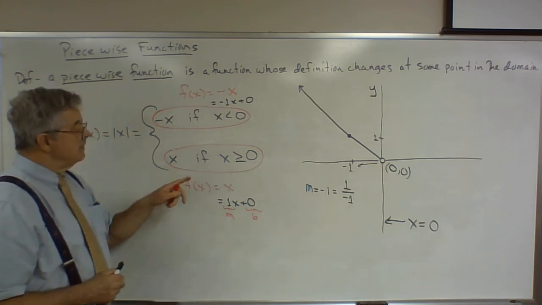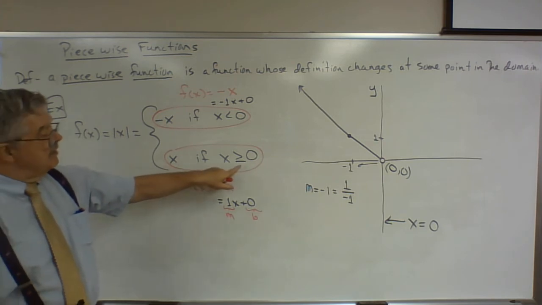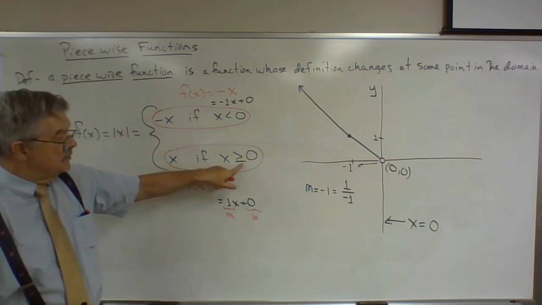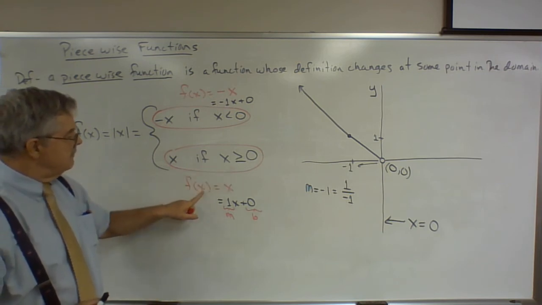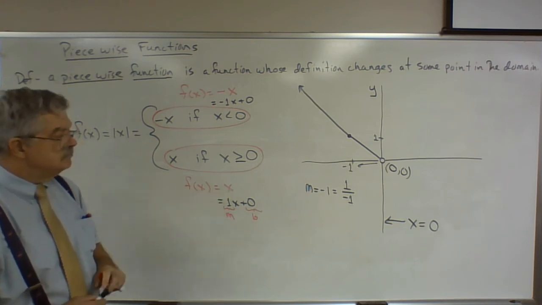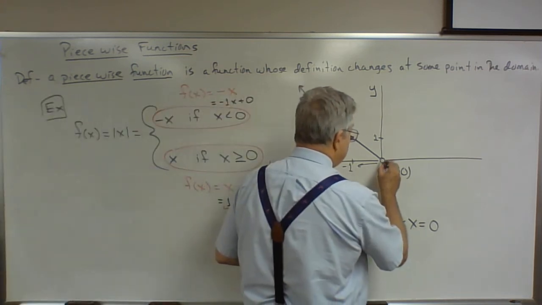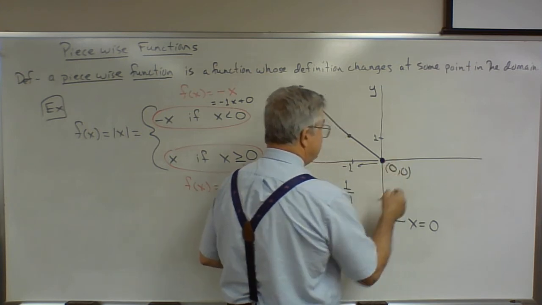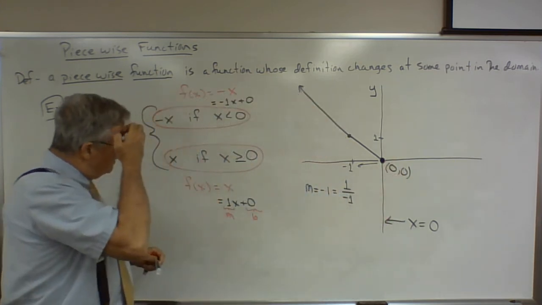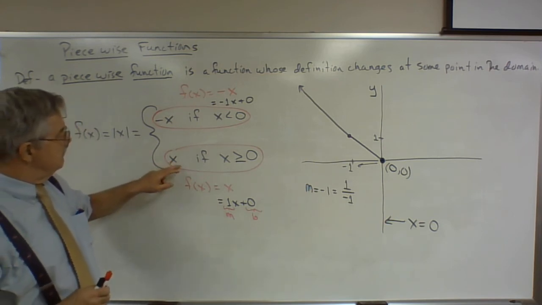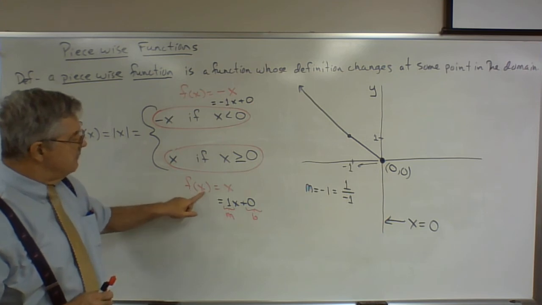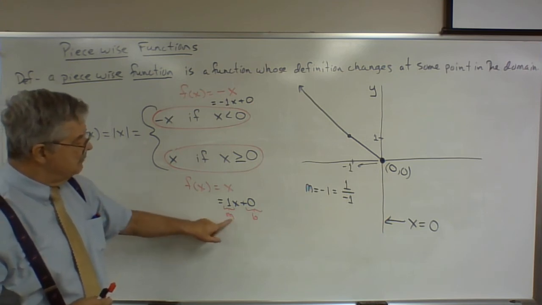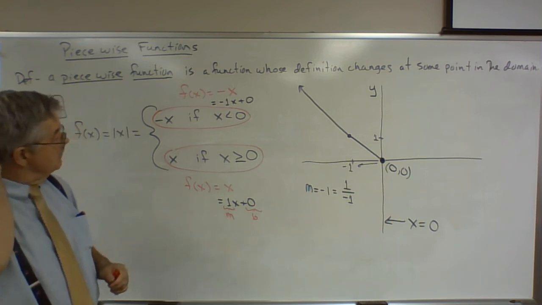And this time, our definition applies when x equals 0. So let's see, when x equals 0, f of 0 equals 0. Okay. So we can fill that point back in. 0, 0 is a point on the line. And for the rest of the x values where x is positive, the graph of the function is just a graph of a line with slope 1 and y-intercept 0.